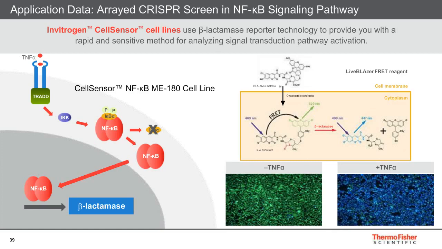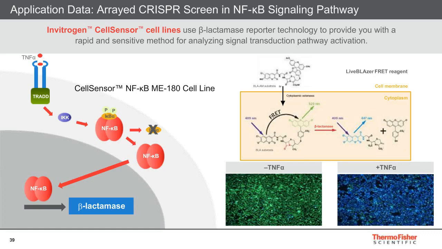Upon activation of TNFR1 receptor via TNF-alpha, you get downstream activation of TRAD, IKK-alpha, further leading to activation of NF-kappa B, which then translocates to the nucleus and activates a beta-lactamase gene.